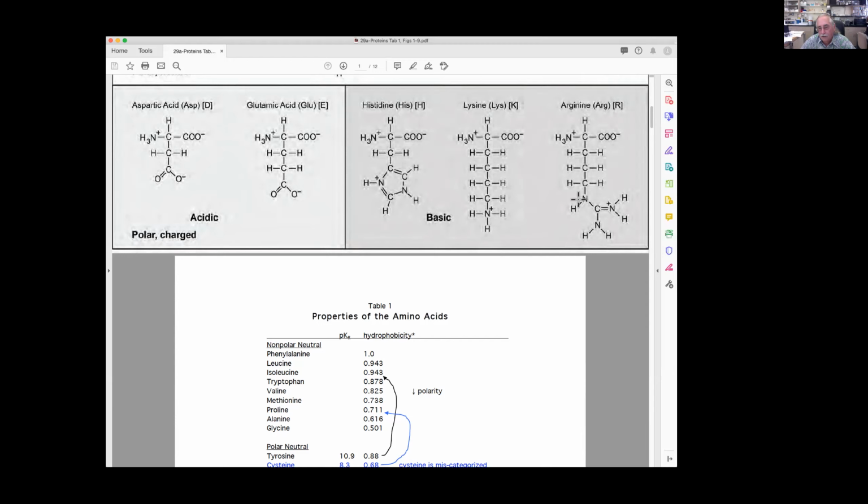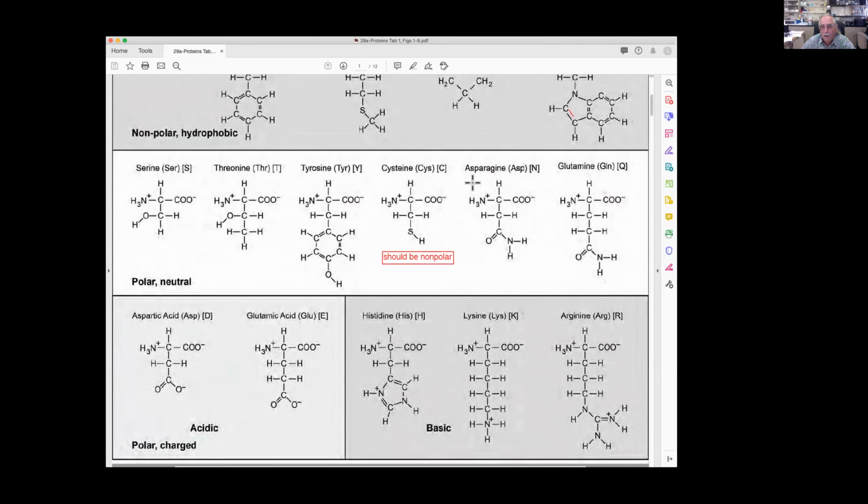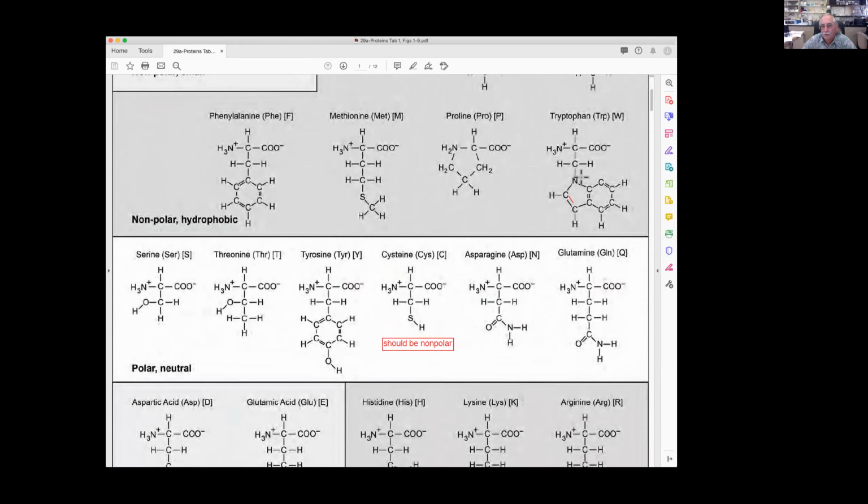And then there's arginine. Now, what the heck is this functional group here? That's crazy. So here's a way for you to know the difference. So this has a nitrogen, that has a nitrogen. What do we know about amides? They're not basic, right? What about this one right here?